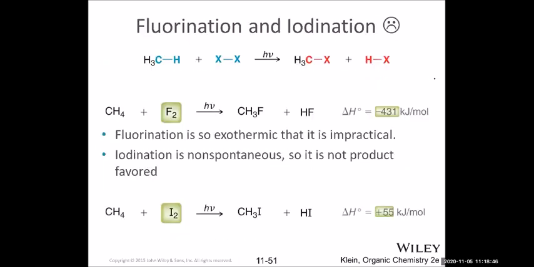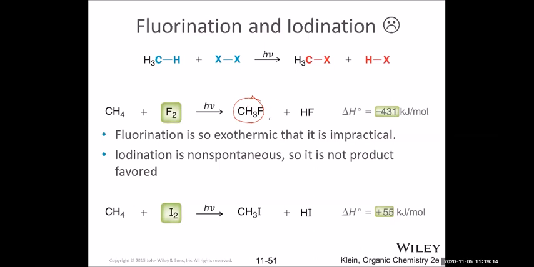The fluorination and the iodination, both reactions in practice we don't use. The reasons are very straightforward. The first reaction sounds highly favorable for forming product, but the reaction cannot stop, because there are more hydrogens on the fluoromethane.